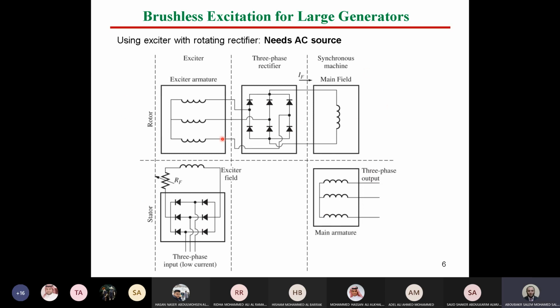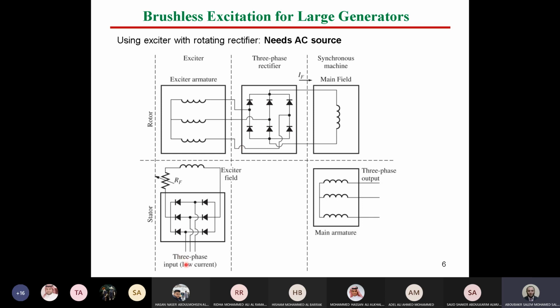The upper part, above this line, is the rotating part. It has a shaft that includes many rotors: one rotor for the synchronous machine and another for the exciter. We also have a three-phase rectifier fixed on the rotor body, so it rotates with the machine.